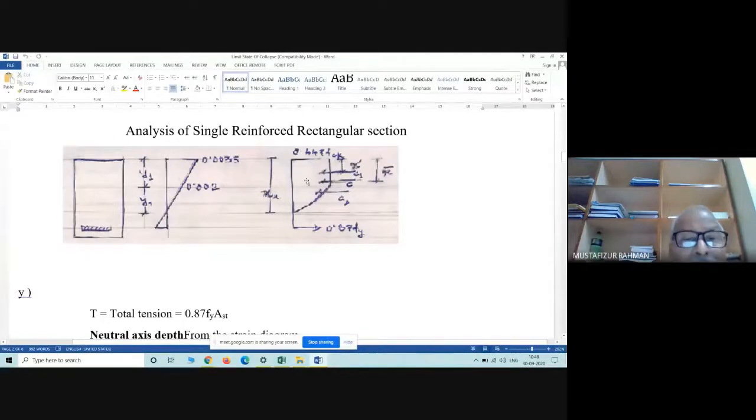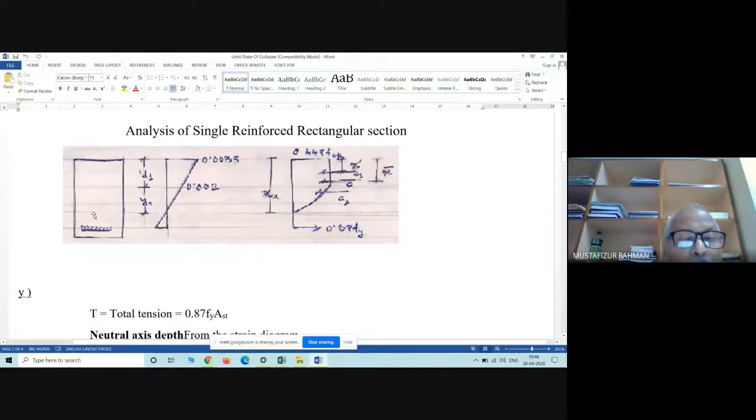Okay, this second figure is with respect to strain. So along the depth, here the strain is compressive, maximum strain. As you come along the depth, the compressive strain keeps reducing, and somewhere the strain will be 0.